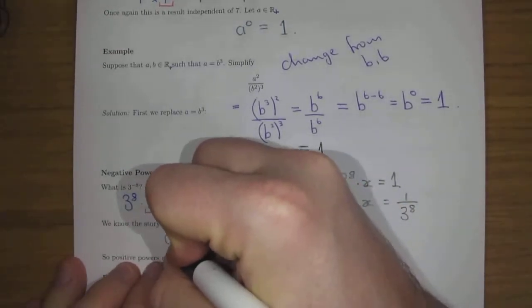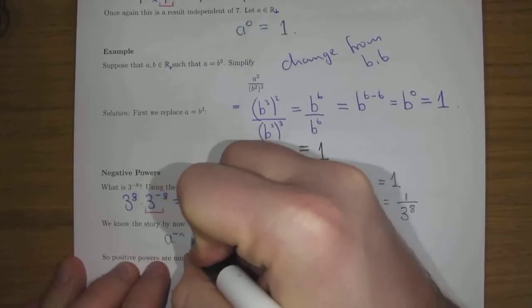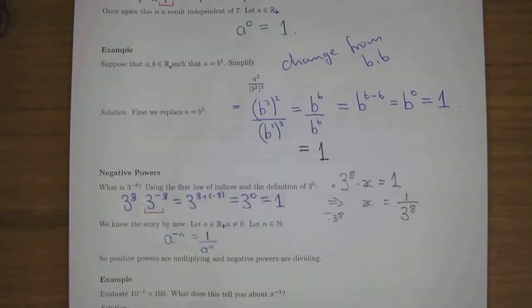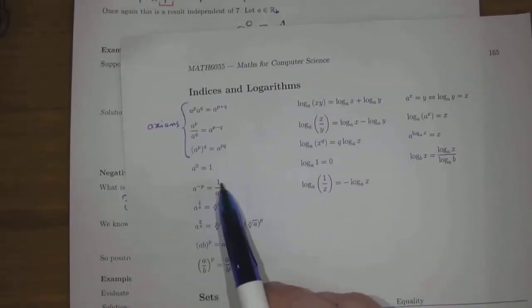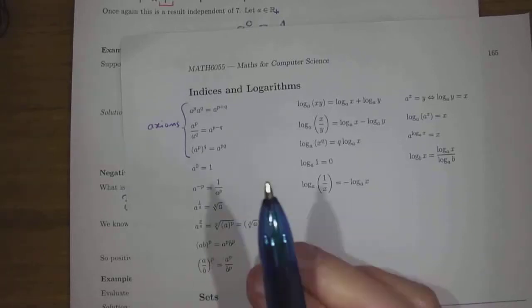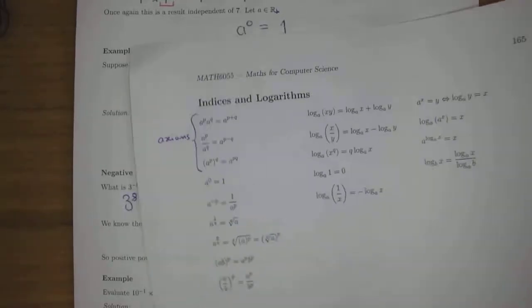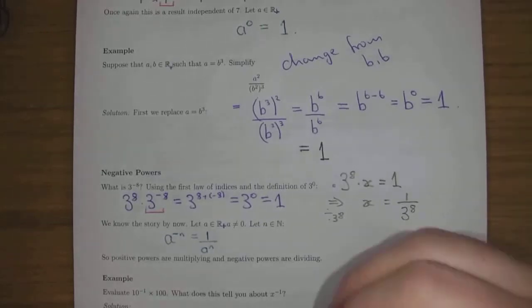So negative powers actually mean division, and we'll get a bit more sense of that on the next page, I think. So negative powers mean division. Now you can say negative power means 1 over, but to me you should really say negative power means division.